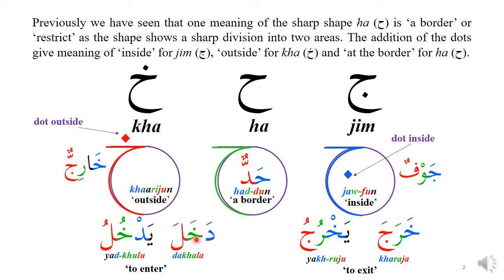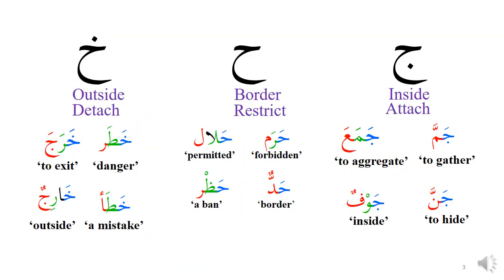So from outside you enter inside, taking a few steps. That will be dakhala. Now, these concepts or the meaning of the words that are related to this Jim, Ha, and Kha, you can divide into these three, so that Jim is inside, the Ha is on the border, and Kha is on the outside.